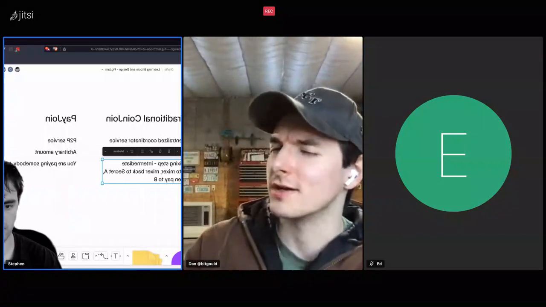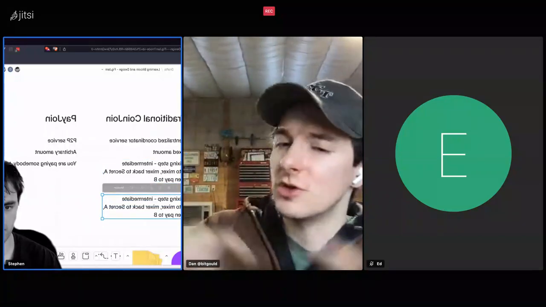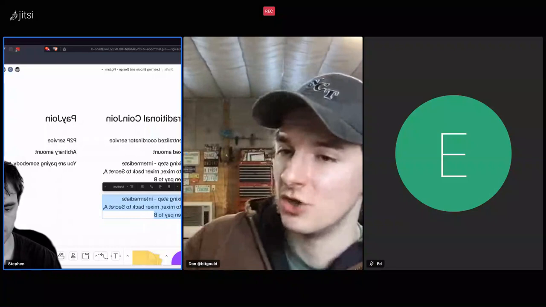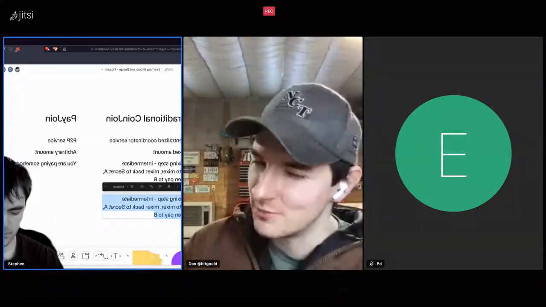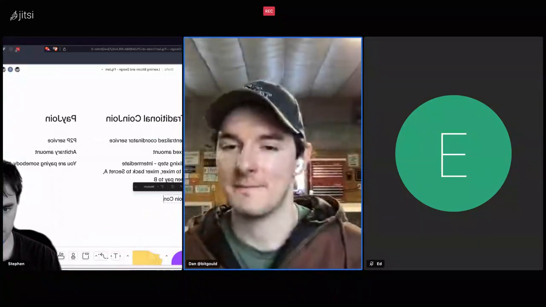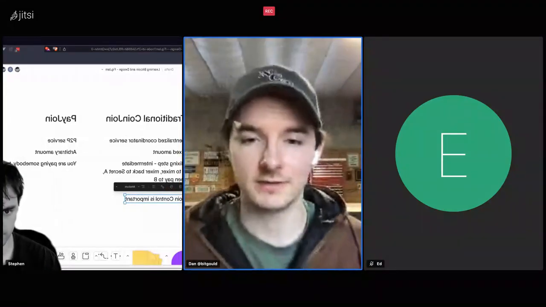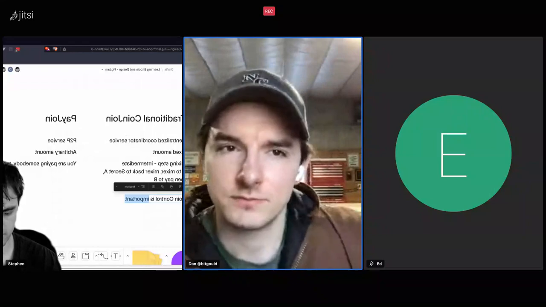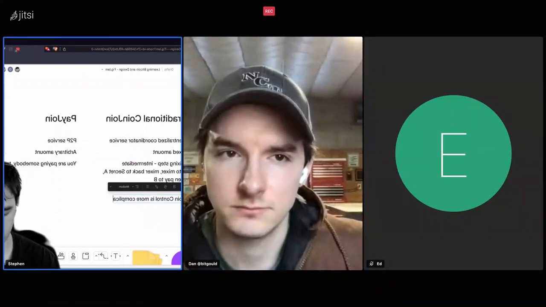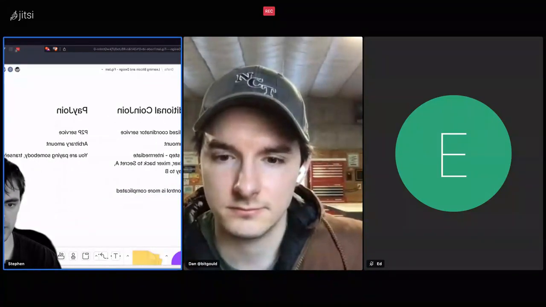In CoinJoin, you do the CoinJoin, you get a CoinJoin output. You can make a payment from that, but then you end up with this toxic change thing. Coin control is at least more complicated. Yeah. Got it.